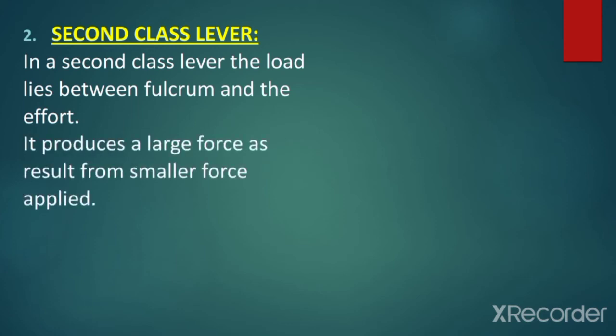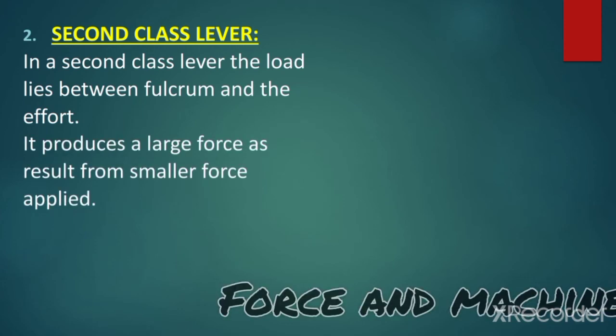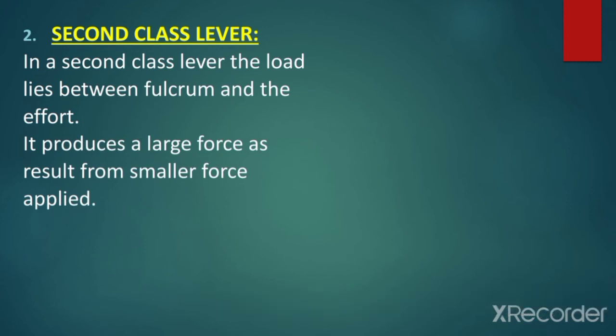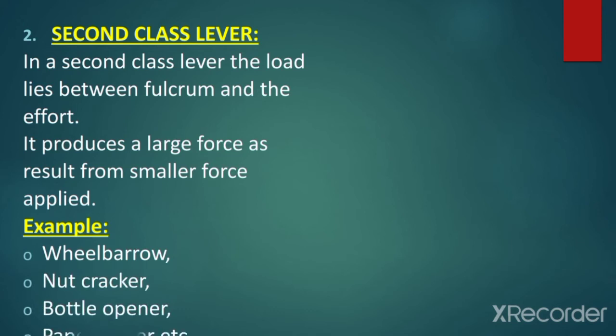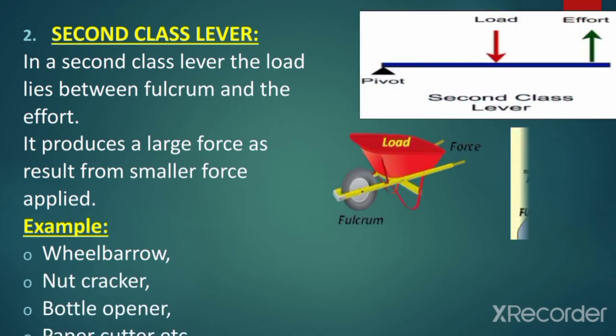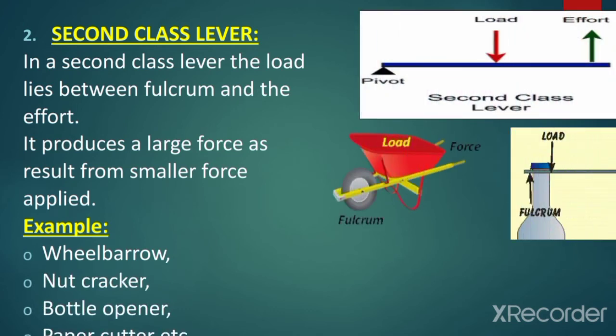It produces a large force as a result of a smaller force applied. Examples: wheelbarrow, nutcracker, bottle opener, paper cutter, and many more. As you can see in the picture, the load is between fulcrum and effort.